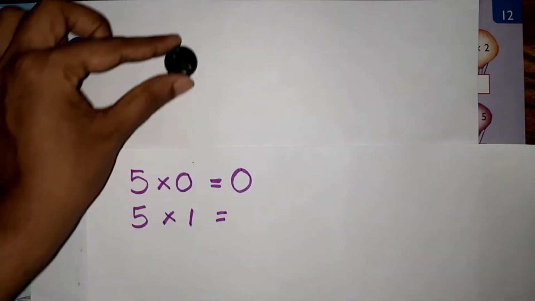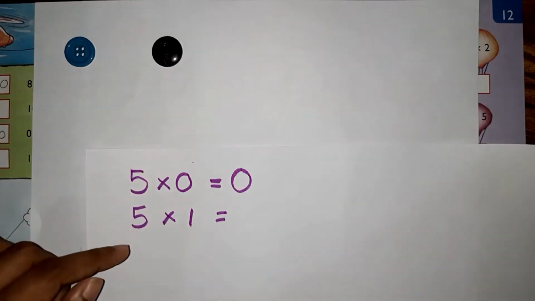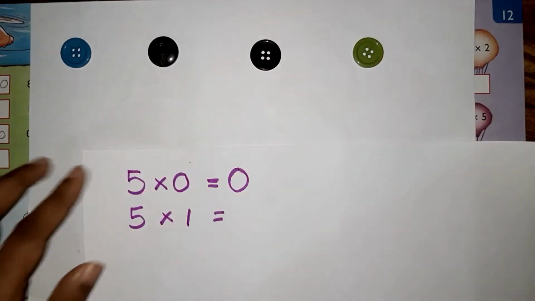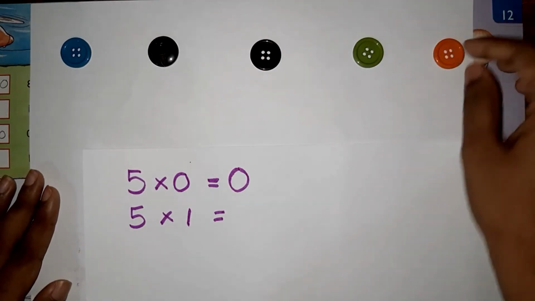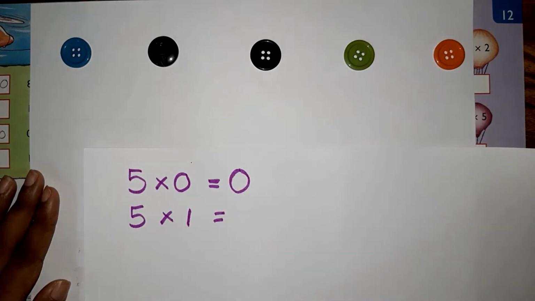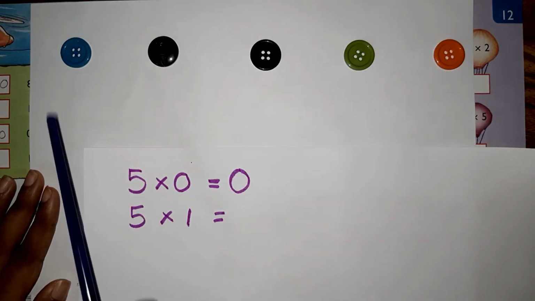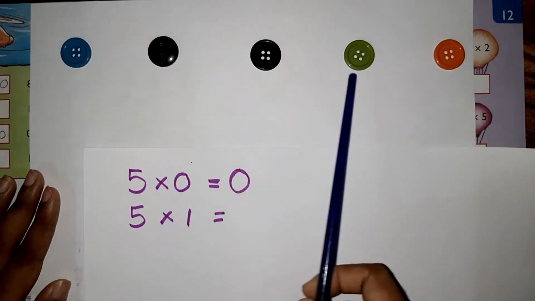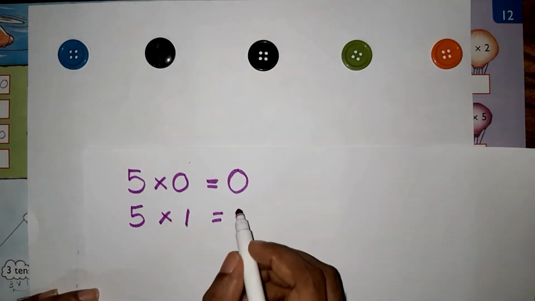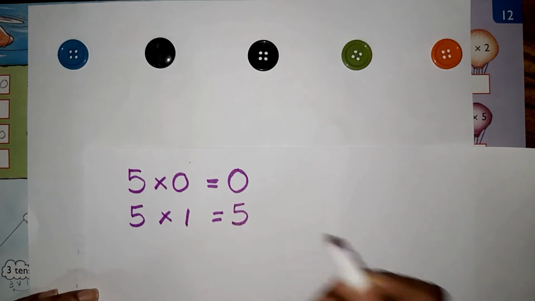I'm going to make 5 sets, 1, 2, 3, 4 and 5. So you can see separately there are 5 sets with 1 object. So altogether there are 1, 2, 3, 4, 5. So 5 times 1 is 5.